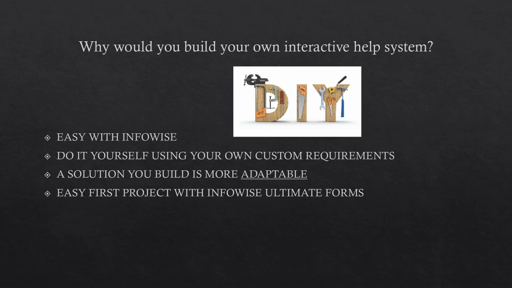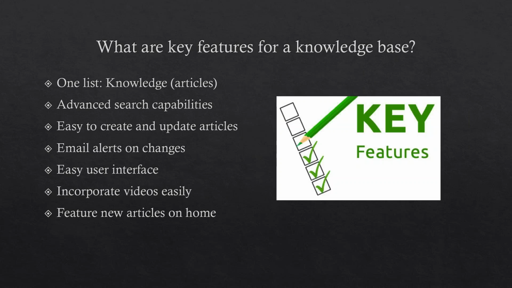So this is going to be an adaptable solution that you can build. You can do it easily and quickly, and really set up a tool that fits into the needs of your organization. And also, this is a really great first project to do using Infowise tools, if that's something that you're new to doing.